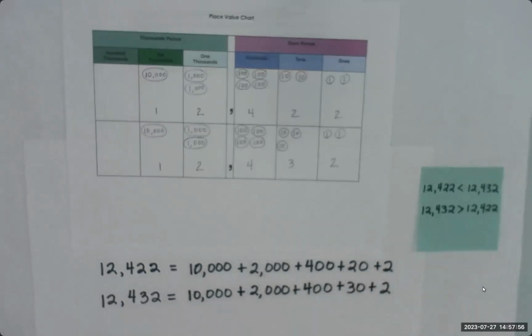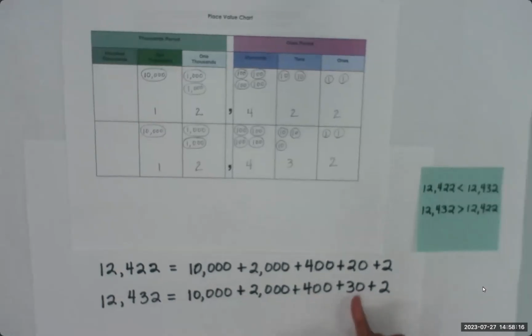And I can see from this expanded form that each of these numbers has the same value of 10,000s. It has the same value of thousands, and it has an equal number or value of hundreds. But again, you can see in the tens place, Noel's number is greater than Samuel's number with the 20 or 2 tens. So a place value chart and place value discs and expanded form are all great ways to help students compare numbers.